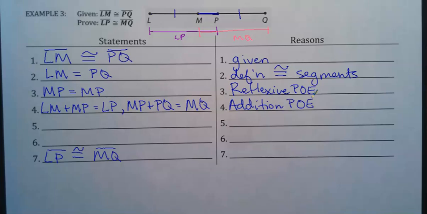So then if we said MP, right, equals MP, and we added MP to both of those, I may have too many steps here. We may not need 7. I know the book uses 7, which is okay. You could do, but we may not need 7. Because since we added MP to both, we can say LP is equal to MQ, because we did substitution. Okay.